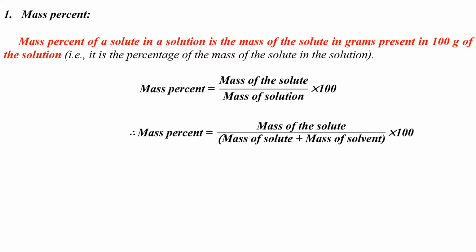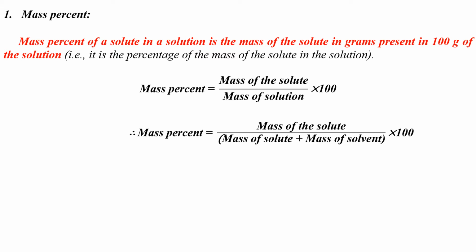Okay, now how do we calculate it? The formula for it is that the mass percent is equal to mass of the solute divided by mass of solution into 100. Whenever we mention the word solution, remember that a solution consists of solute and solvent.